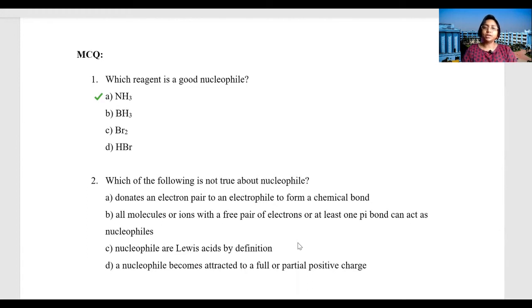Next, nucleophiles are Lewis acids by definition. Remember, it is Lewis acid or Lewis base. And next, a nucleophile becomes attracted to a full or partial positive charge. That is also correct. So which one is incorrect? The answer is: nucleophiles are Lewis acids by definition.